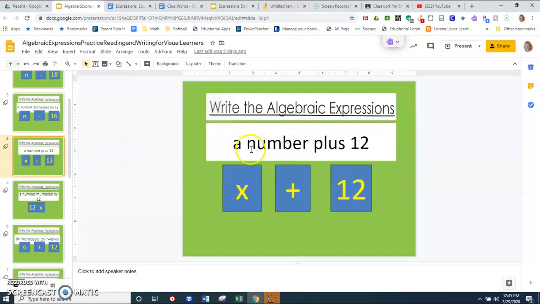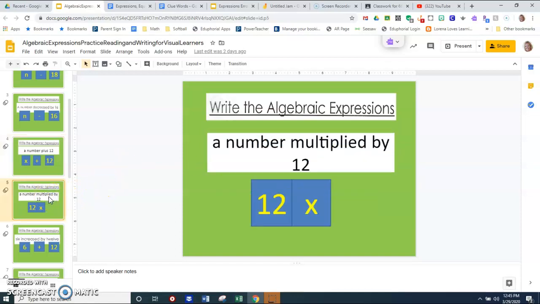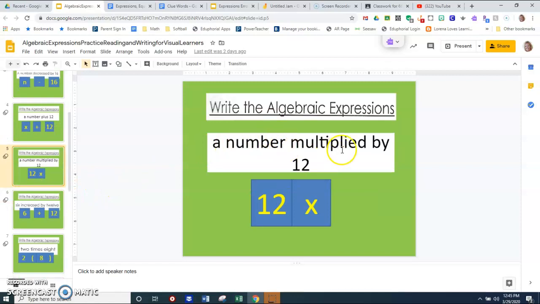This one's pretty simple. A number plus 12. So a number, meaning my variable, plus 12. Okay, a number multiplied by 12. So even though the 12 comes second, when I'm multiplying, I have to show my variable and my number as a coefficient. So the number comes before the variable.